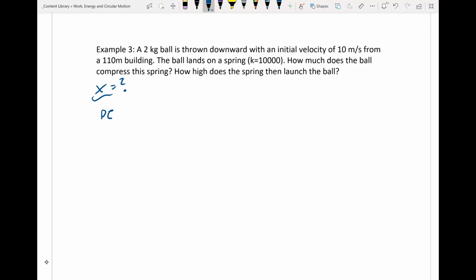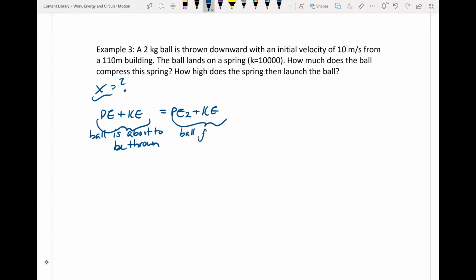The total energy when the ball is about to be thrown, our energy is going to be conserved. And this scenario is when the ball has finished dropping and compressing the spring.